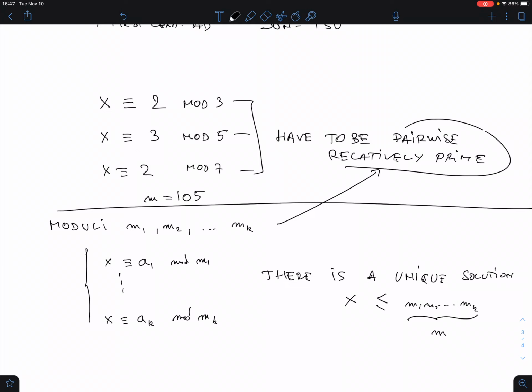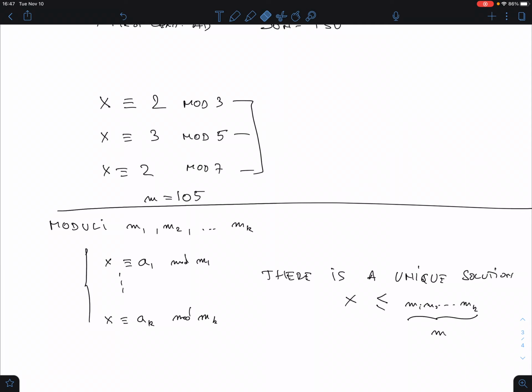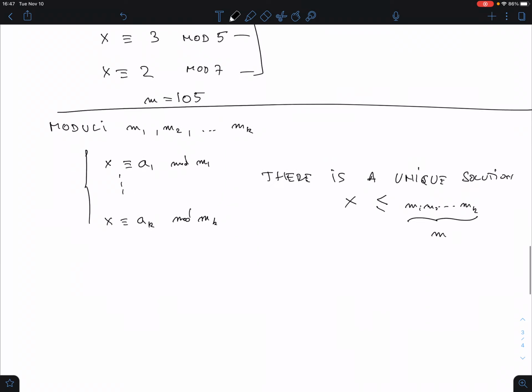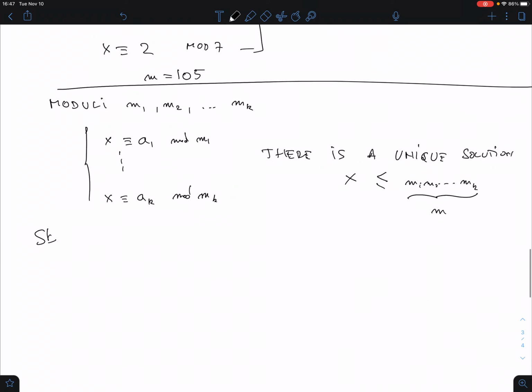We will solve this. I'm going to get myself a little bit of space here. But I'm going to first discuss a little bit how we set it up in general, and then I will work it out on the example. So step 1. We calculate this number, m1 times m2, all the way up to mk. But we need some other numbers as well. This is capital Mi, and it is m divided by mi.